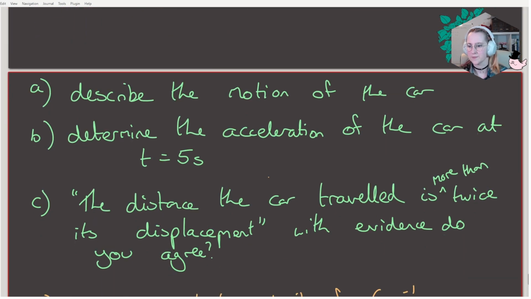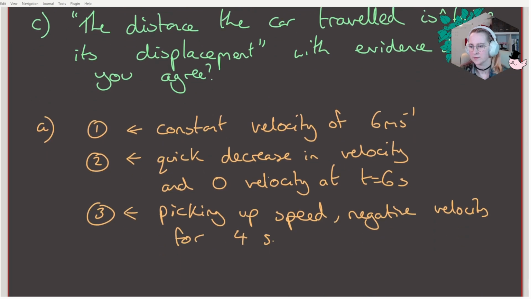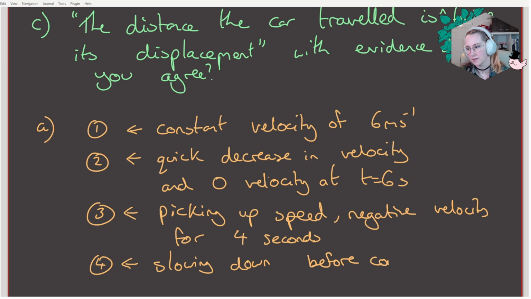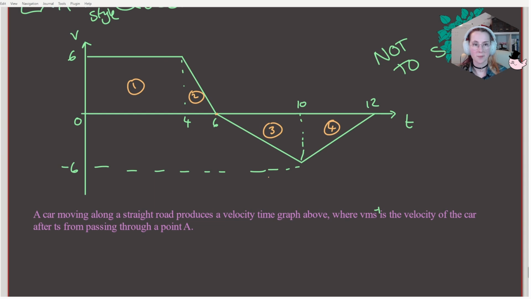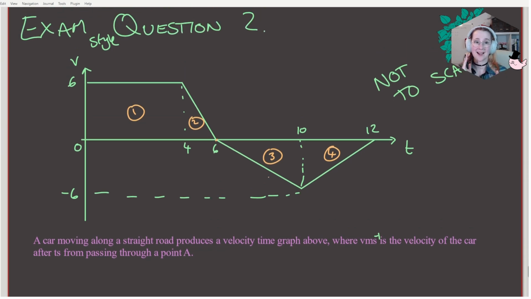Yeah, 4 seconds. And then finally, it's slowing down again, before coming back to rest. Remember, this is a velocity time graph, so even though it's slowing down, whilst the velocity itself is negative, it's still moving in that negative direction.